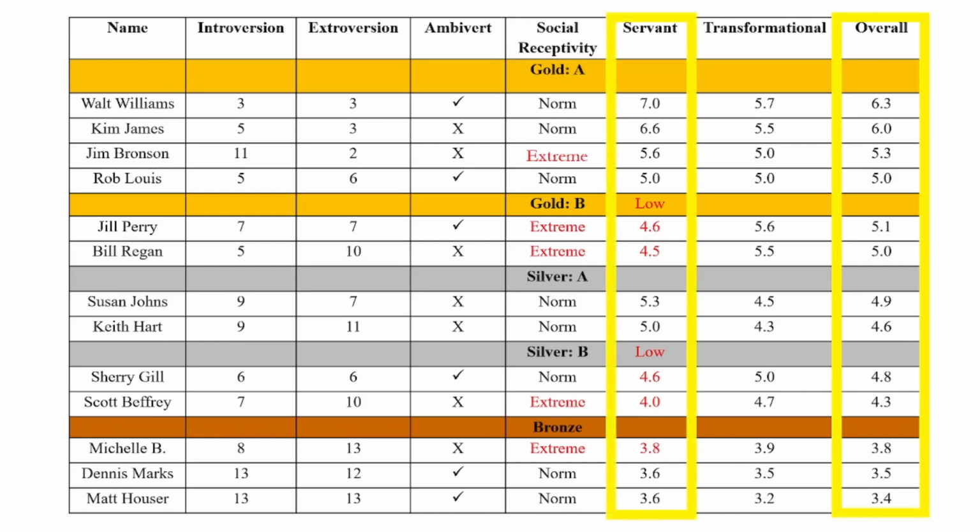So the next thing that I think is important for you to pay attention to as you're trying to figure out who you will interview is the servant leadership score. Now, I've already said in the chapters before that the servant leadership score is very important. And the reason for that is the skills that define transformational leadership are those that help a leader cause other people to be more productive and more efficient.